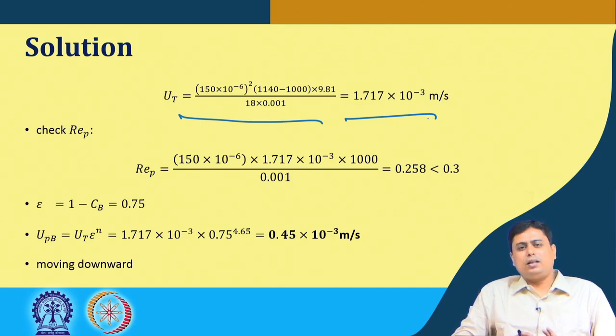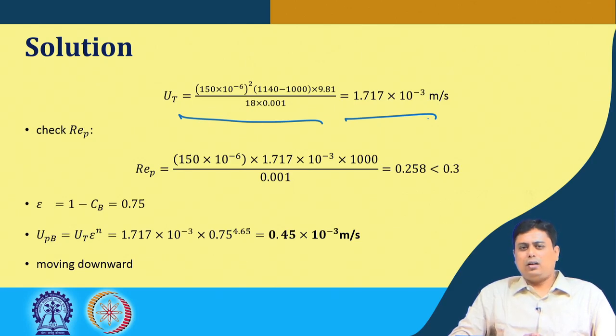In this case, the CD versus Rep square curve information, the CD information, is not given here. So, we have initially assumed that this operation is happening in the Stokes law region, and then we can calculate the single particle terminal velocity.